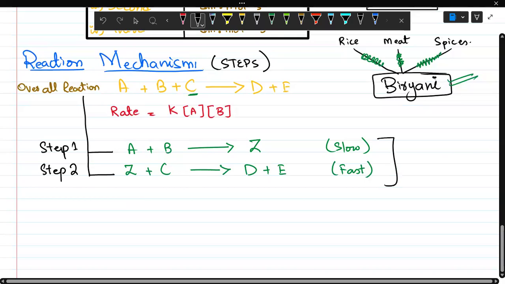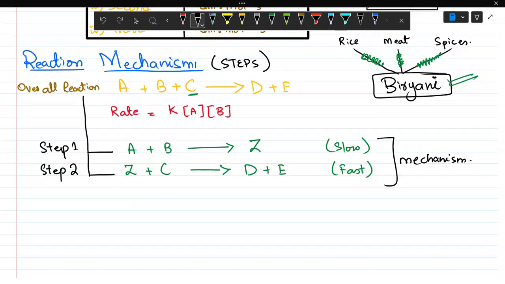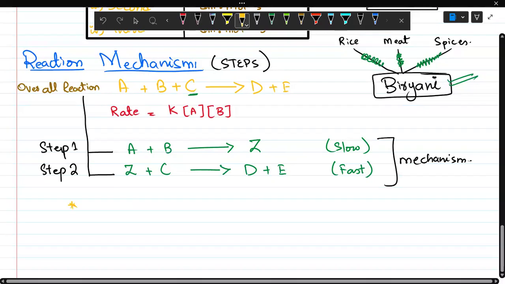This is the one mechanism, the steps here. Okay. So which step is the rate determining step? Let me write this sentence, then at the end of the part here, we will be moving towards your question.